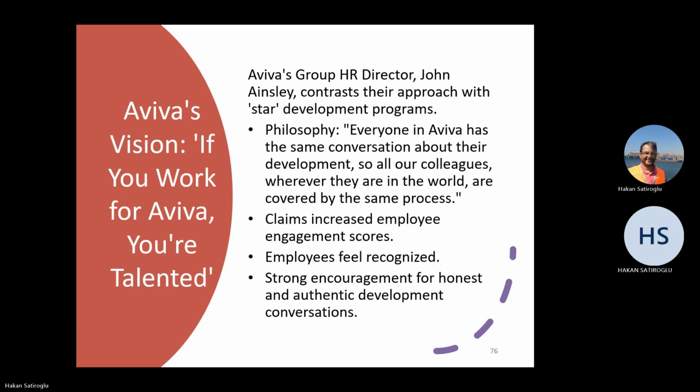At the end, the research or their speech says that obviously there could be bias, because this is the HR director of Aviva talking, okay? But we have to believe because they are a successful organization. He claims that it increased employee engagement.